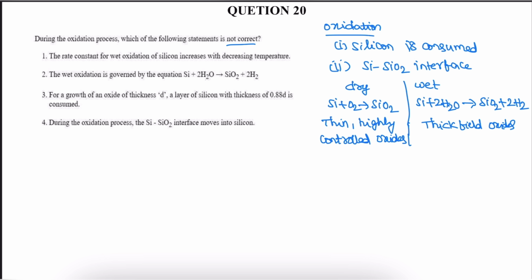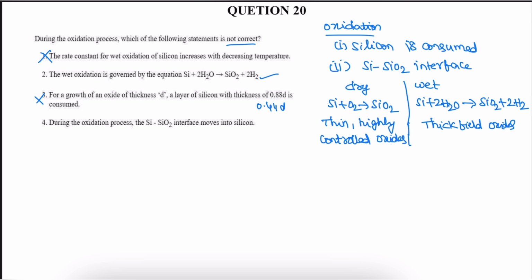So this is the wrong statement. Next, wet oxidation is governed by the equation Si plus 2H2O gives rise to SiO2 plus 2H2. Correct option. For the growth of an oxide of thickness D, a layer of silicon with a thickness of 0.44 D is consumed. So this statement is correct.